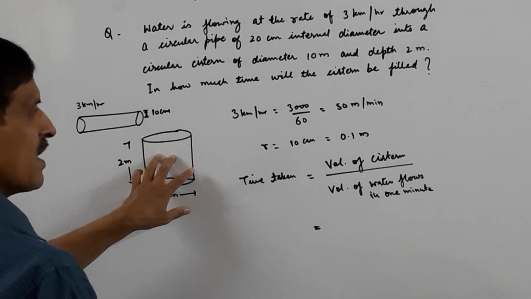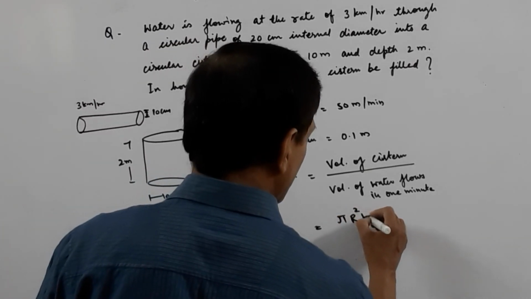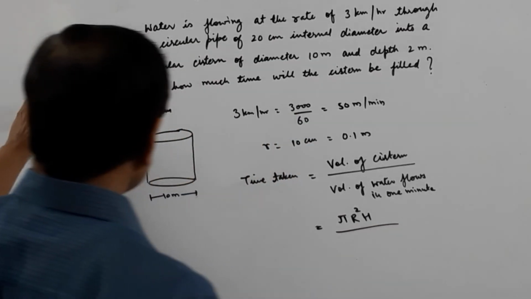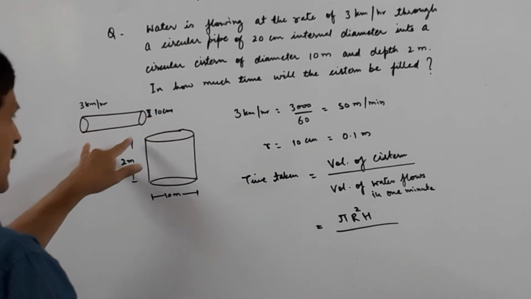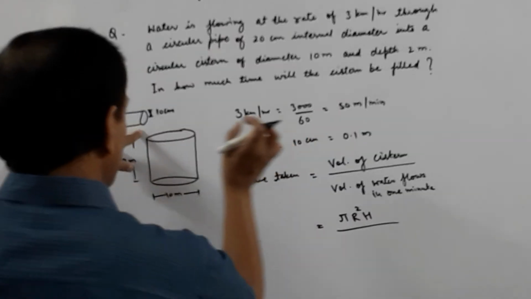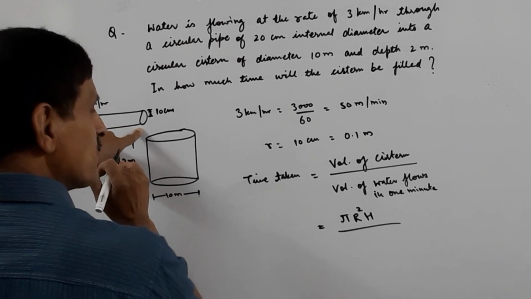Because the cistern is cylindrical, that is pi r square h upon, this water is flowing through a circular pipe, so we may consider it to be a cylinder of 50 meter length or height.